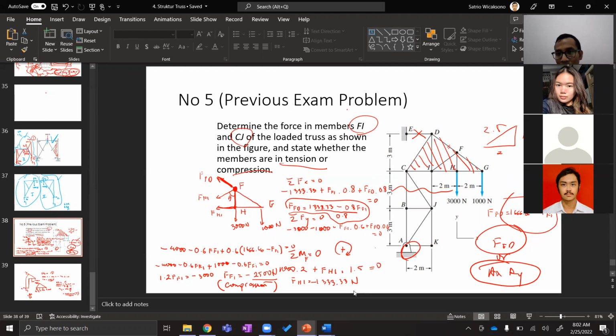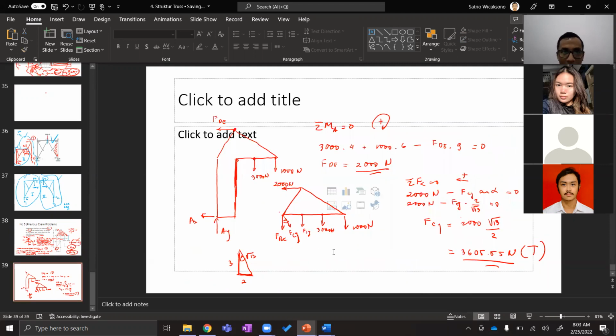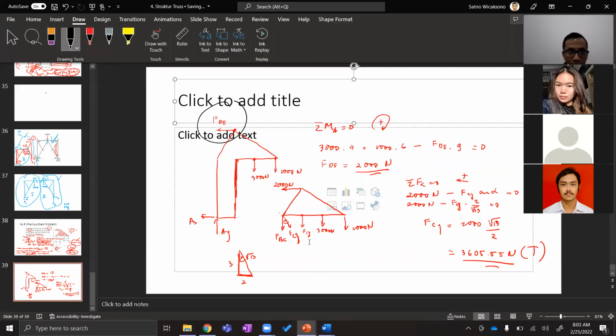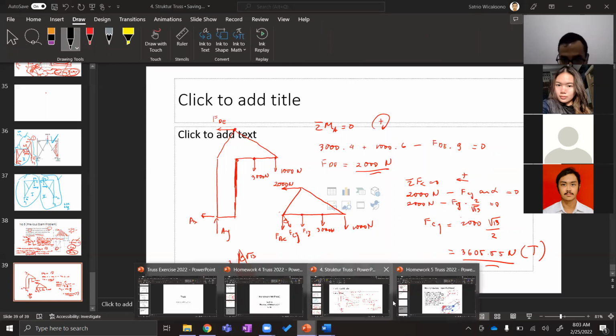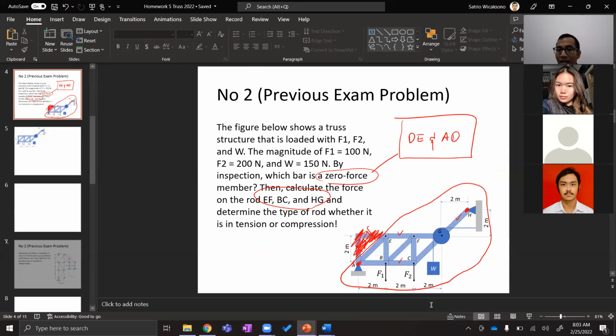So in order to simplify the problem, we delete ED and replace it with an external force. And it will become like this, right? So that's the thing that we are trying to do right now. So we can simplify GH, right? Yeah, so just FGH. FGH, correct.